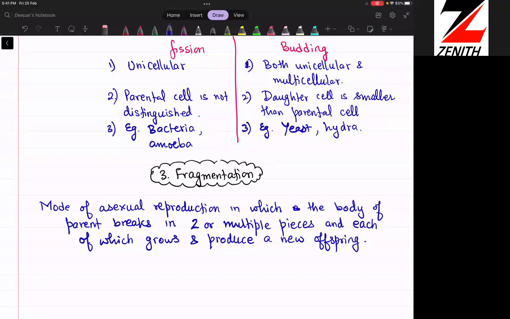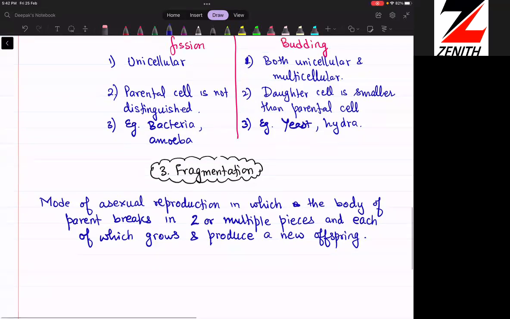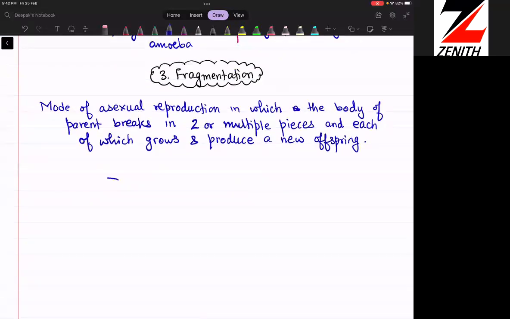It's something like, if humans showed fragmentation, then once a matured human is there, his arm will break off and that arm will slowly grow into a new human, right? Same thing is happening in case of a starfish. Starfish usually have 5 arms. So it sheds off 1, 2 or 3 arms and then new arms will grow.